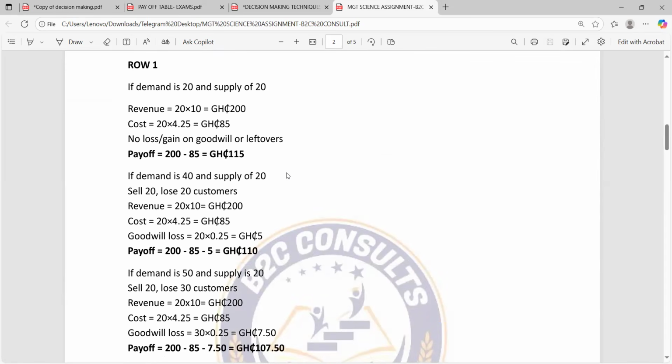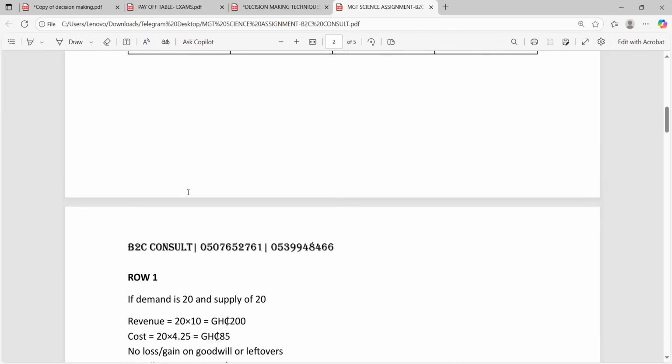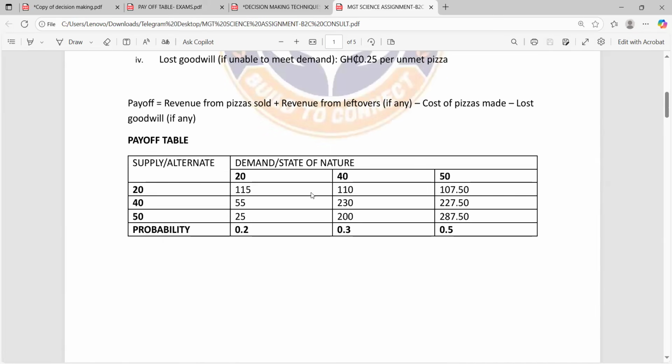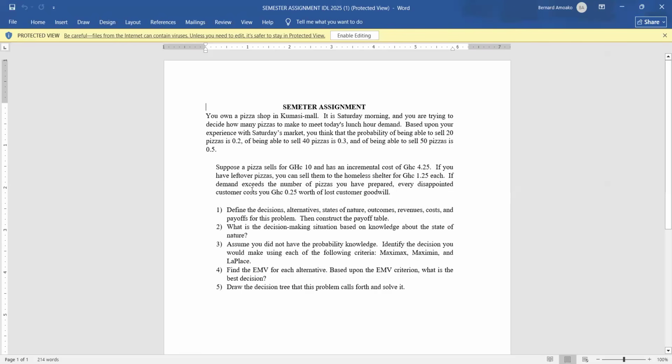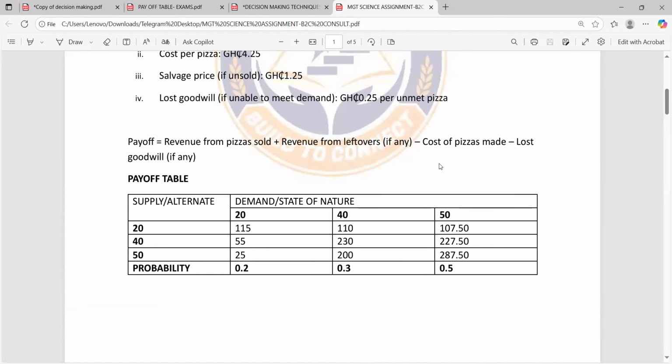But look at 40 to 20. They demanded 40. You said you can supply 20. You lose 20 customers. And then the question says that if your demand exceeds the number of pizzas you have prepared, every disappointed customer costs you 0.25, meaning that the excess of 20 would give you a lost demand, which must be deducted.